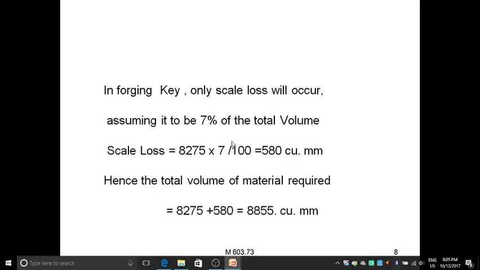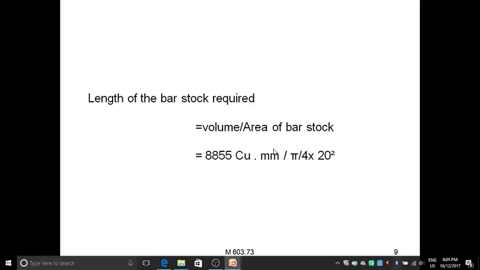So in this case, individually he calculated the scale loss, then he added this value to the net volume of the object, that is 8275, to get the gross volume. So it is also very simple.